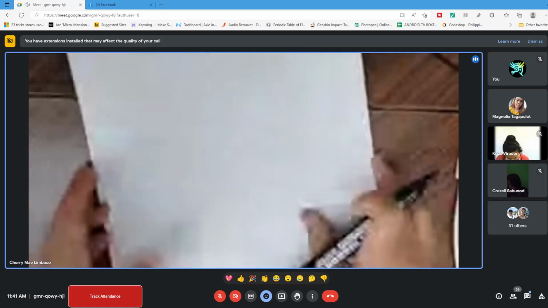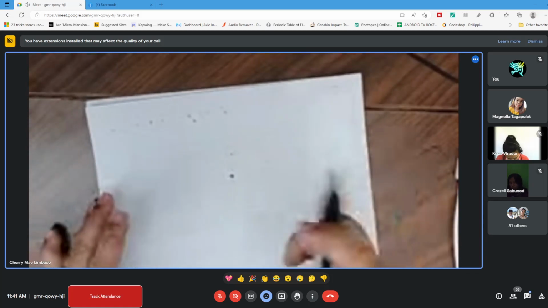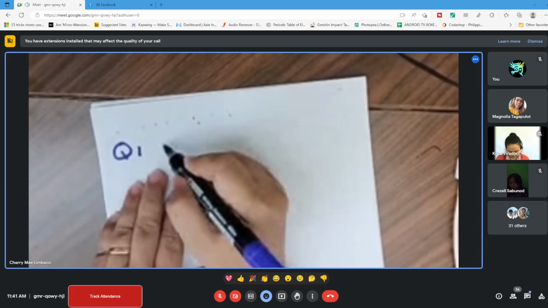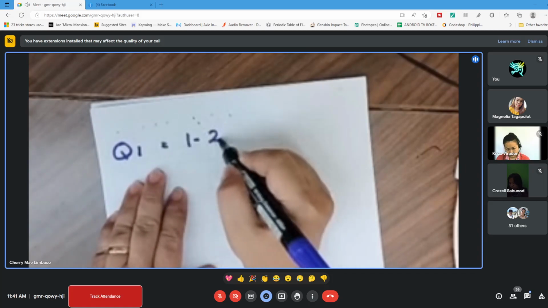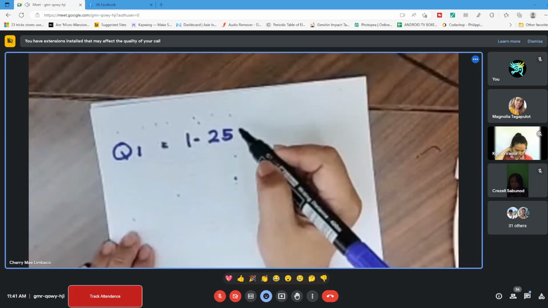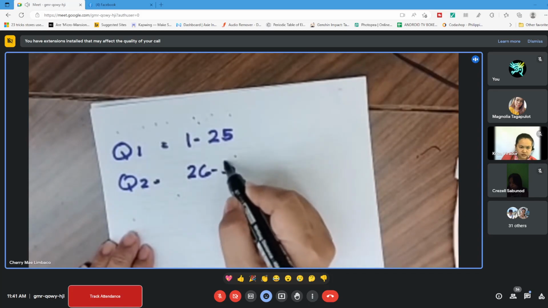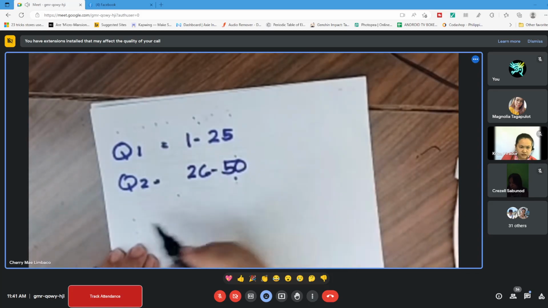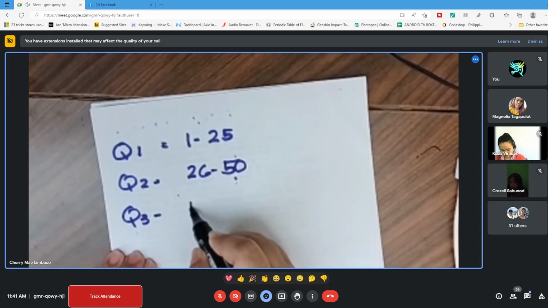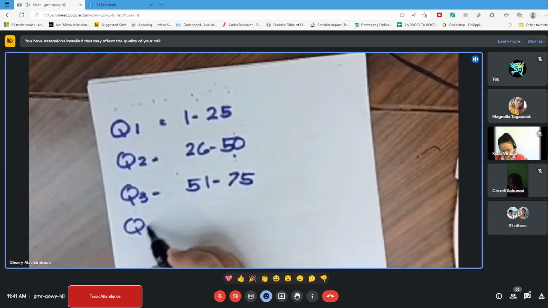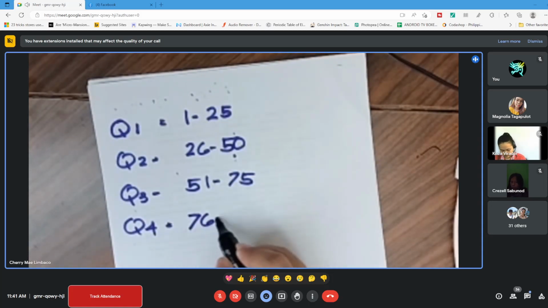Okay. Before we proceed, let me just have a little discussion, and I missed this one. When we say quartile, Q1 is equivalent to 1 to 25%. Q2 is 26 to 50%. Q3 is 51 to 75%. And Q4 is 76 to 100%.